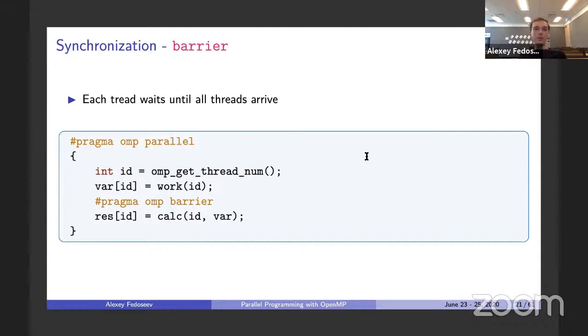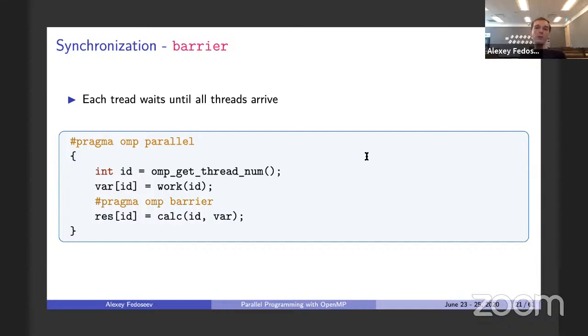The third synchronization construct is the barrier, meaning that once a thread sees pragma OMP barrier, it stops. It waits for all its friends to finish. So all threads are waiting for each other at the barrier. Once everybody got there, they proceed again in parallel from there.